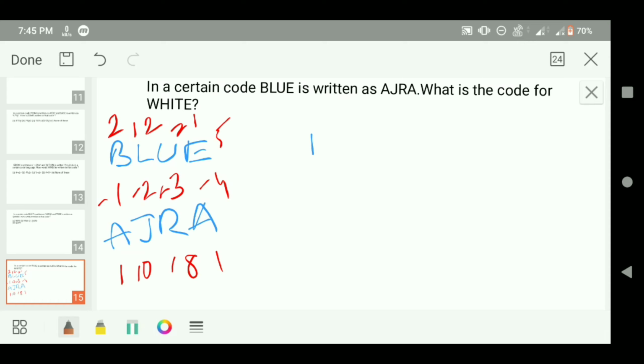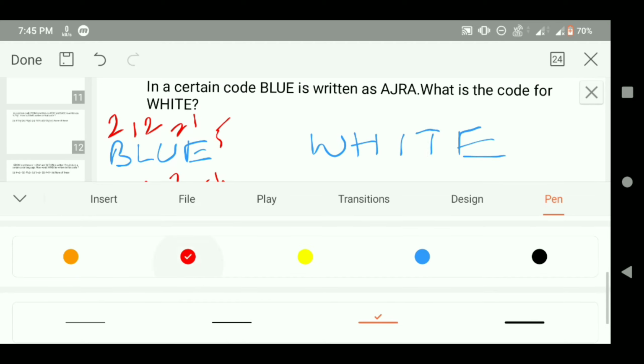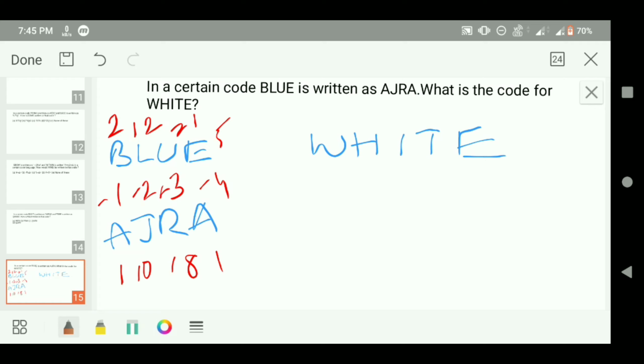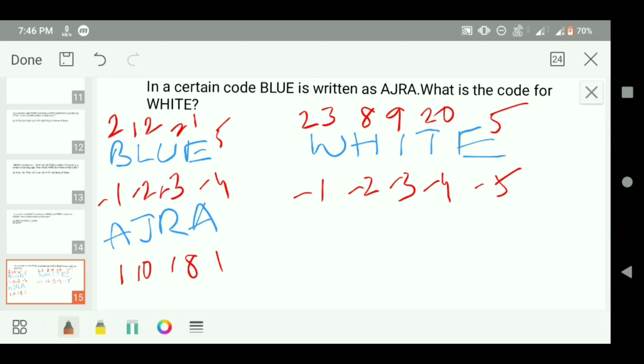Here if we subtract 2 minus 1 we get 1. So the first position of the alphabet is A, and 12 minus 2 we get 10. So the 10th position is J. Likewise, we need to write the code for WHITE. For WHITE, W is 23, H is 8, I is 9, T is 20, and E is 5. And same as in the previous code, we need to subtract 1, 2, 3, 4, and 5.